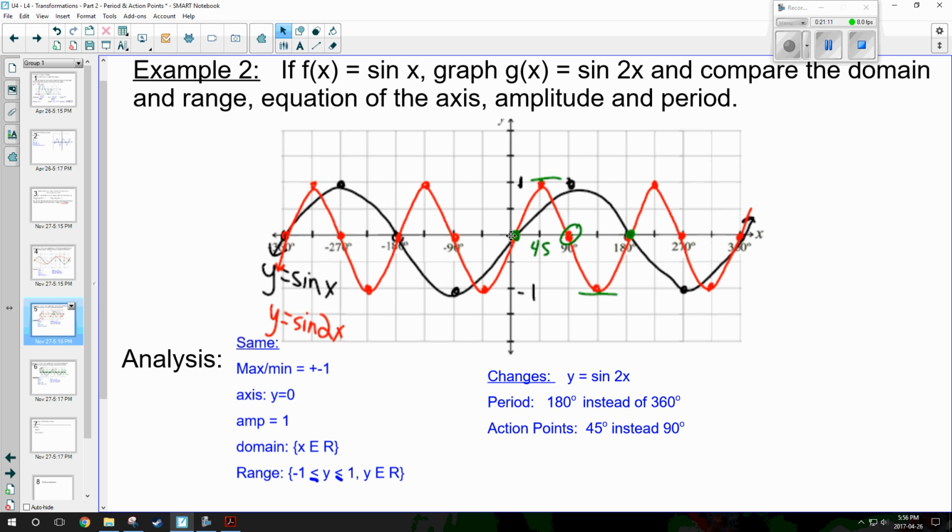So it hits at 0, then it hits a maximum at 45, it hits the axis again at 90, hits a minimum down here again at 135, and then again here at 180. So it's every 45 degrees that it's hitting those action points. So again, just double check to make sure that everything was correct in terms of your solutions.